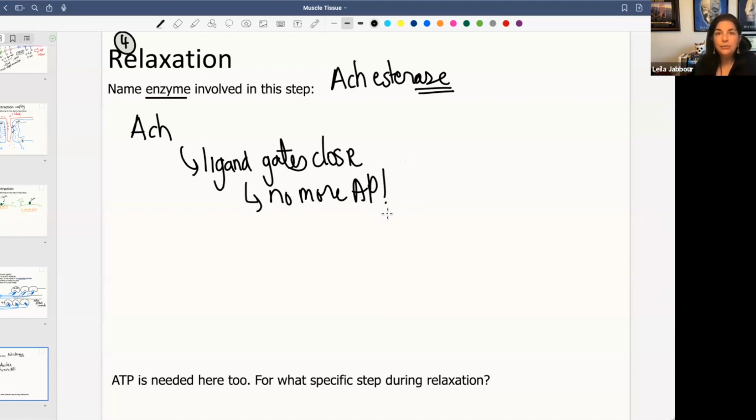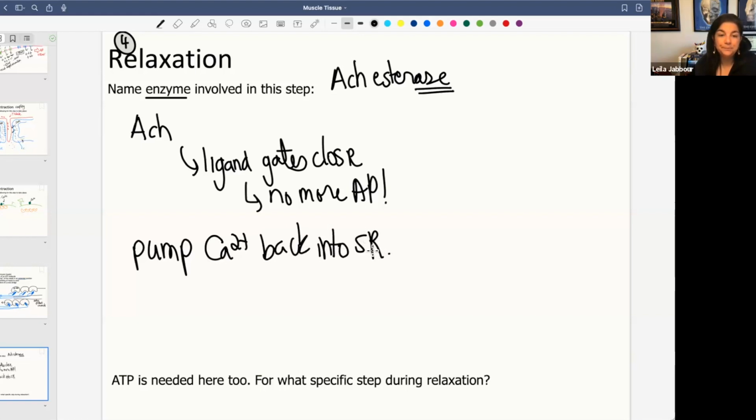So it's time to pump the calcium back into the SR. Here, because we need to pump the calcium against their gradient, we force them into the SR, right?